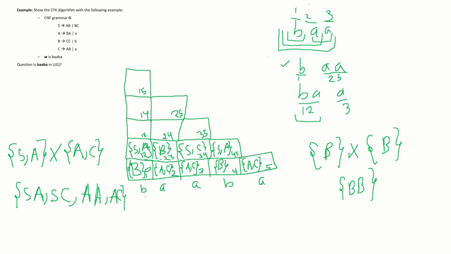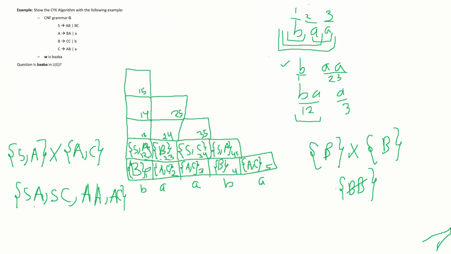So now we will check how we can get these productions from our grammar. So can we get BB? In our grammar there is no BB, that means we can't get this BB, so this is crossed out.